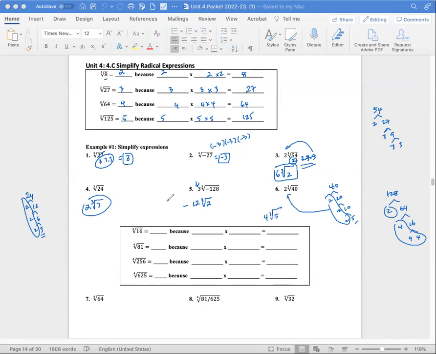Now, 4th root of 16 is what? And this should have been 4 times, I would say. So 4th root of 16 is what? What number do you multiply by itself 4 times to get 16? It's 2. And this is going to be 3, and this will be 4, and this will be 5. Why? Because 2 times 2 times 2 times 2 equals 16.